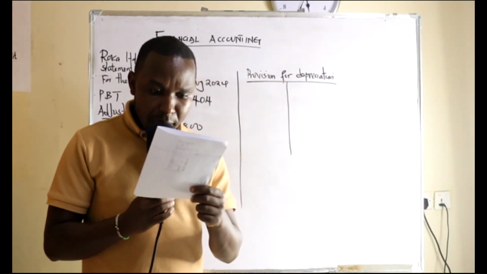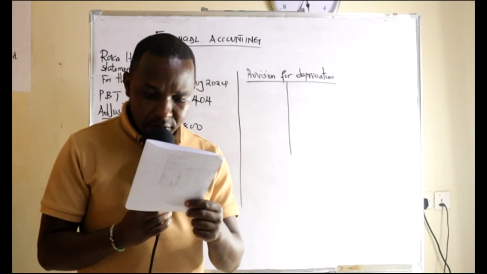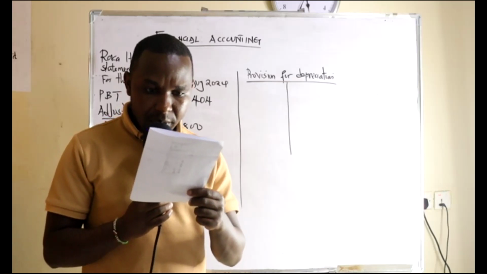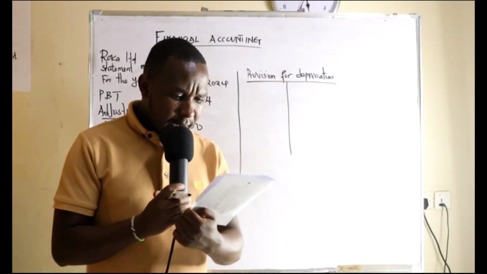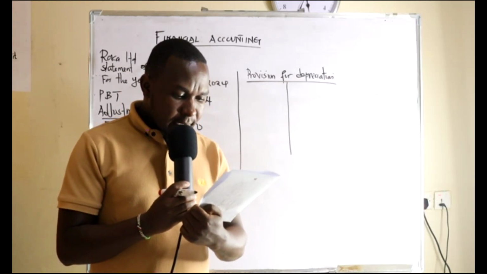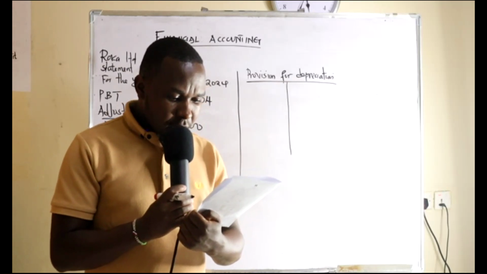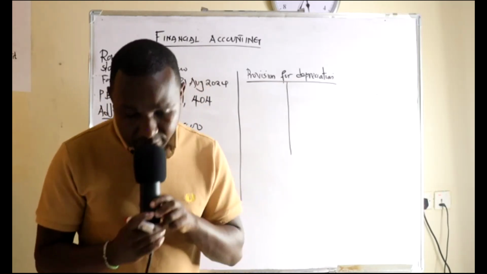If you go to the balance sheet, we are seeing that we have the non-current assets, with accumulated depreciation for 2023 and 2024.